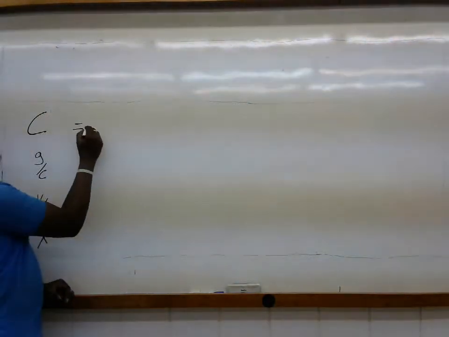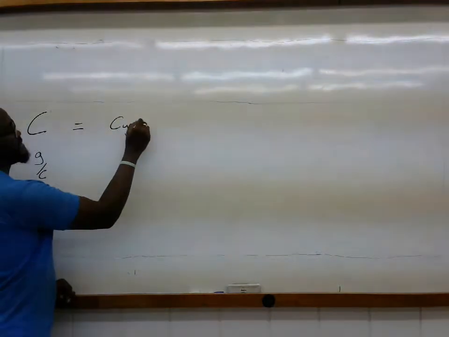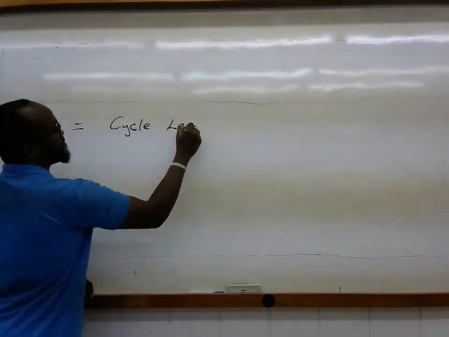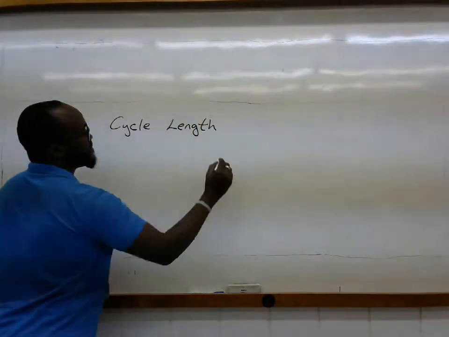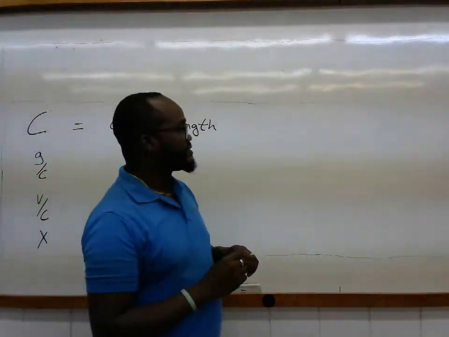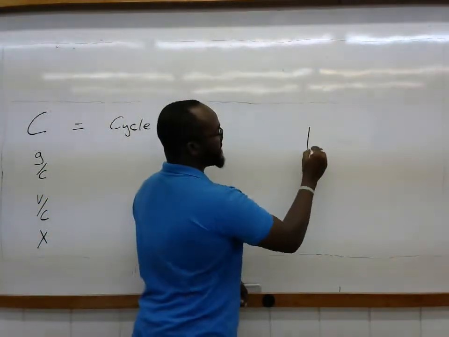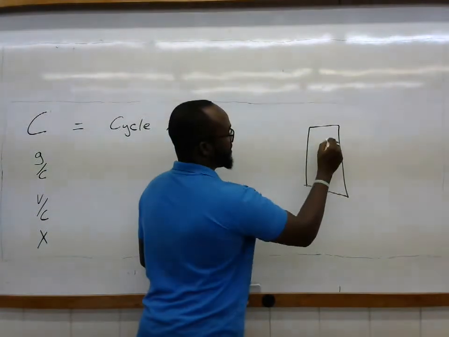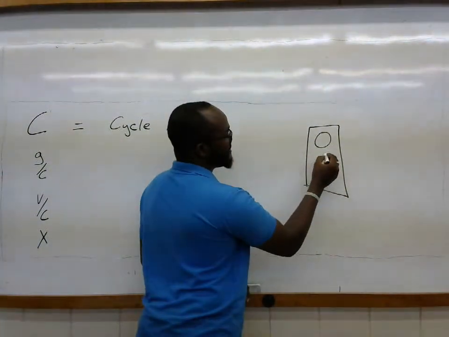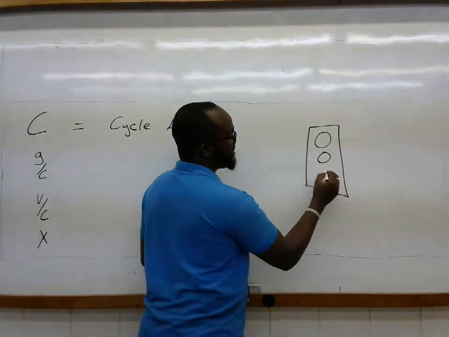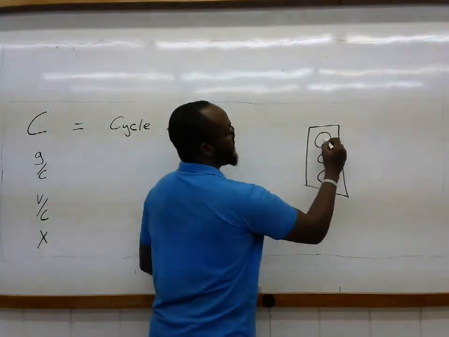So big C, what is big C? Big C is cycle length. So we have our traffic signal. It has a red display, an amber display, and a green display.